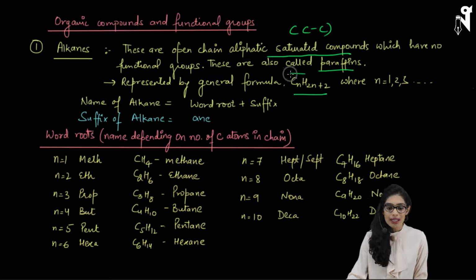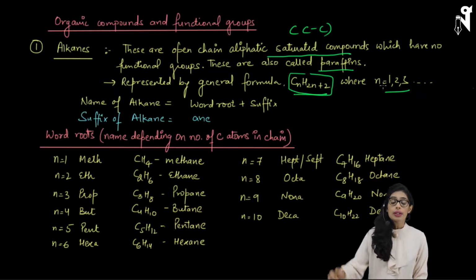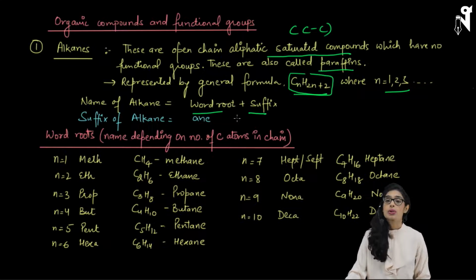So we have the general formula CnH2n+2, where n represents the number of carbons, which can start from 1 and go to any number. The name of an alkane is generally written as word root plus suffix. That's how the naming of an alkane is always done.